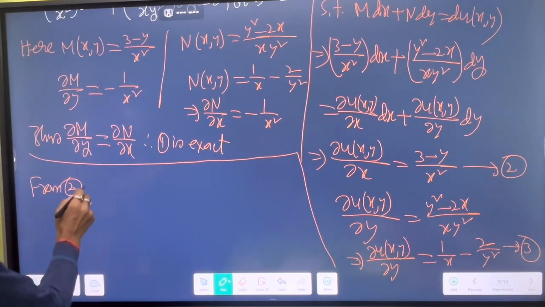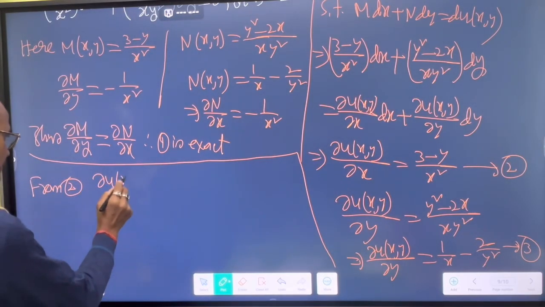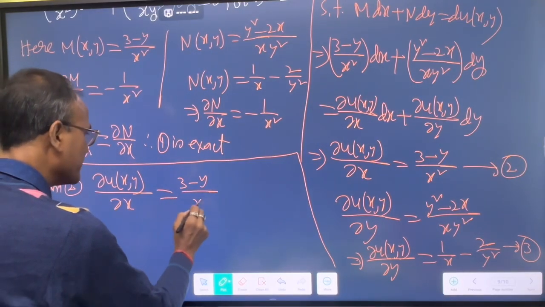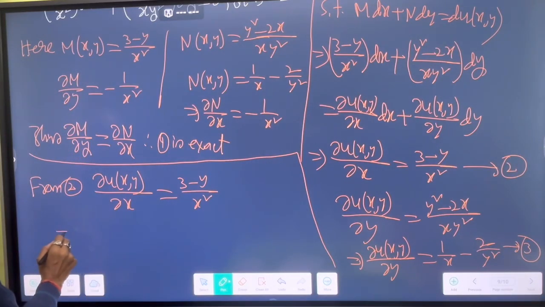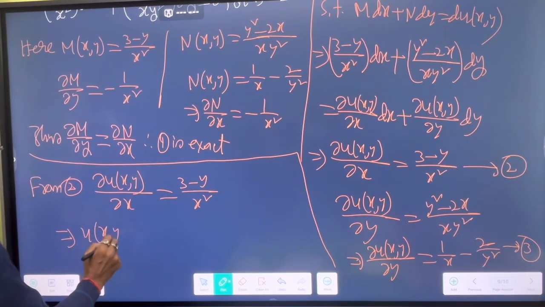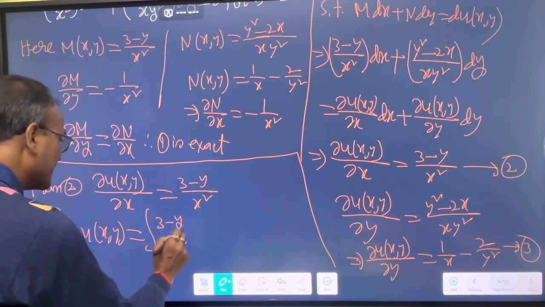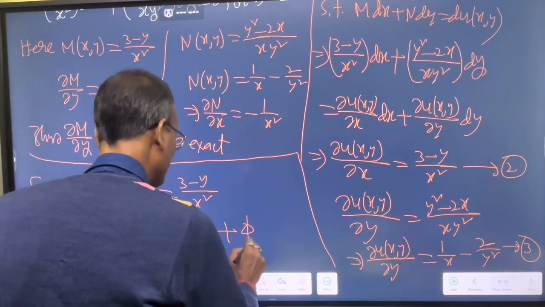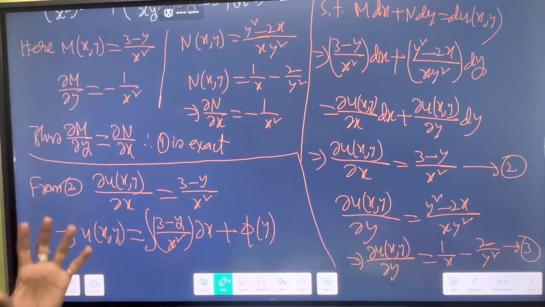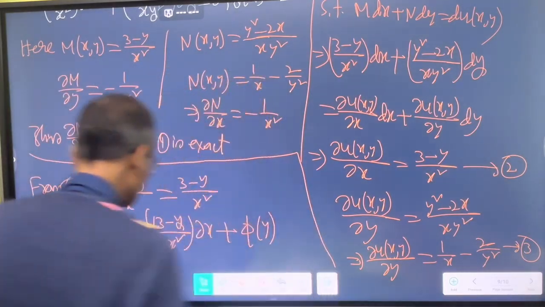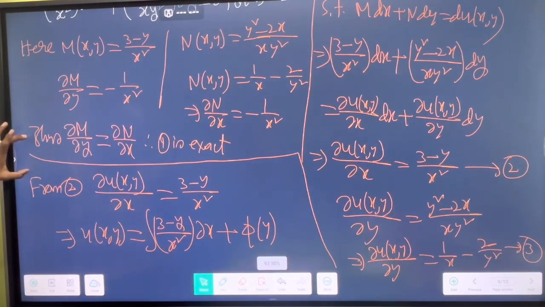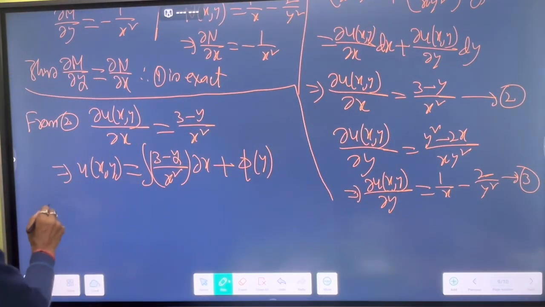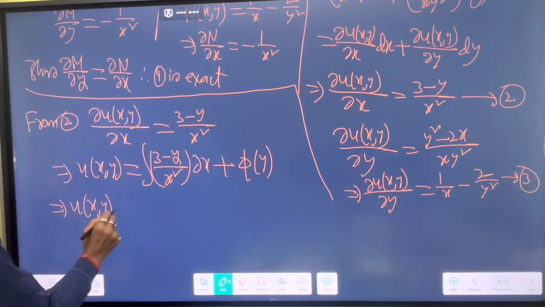From 2, ∂u/∂x = 3 - y/x². This means u(x,y) = ∫(3 - y)/x² dx + a function of y only, φ(y).